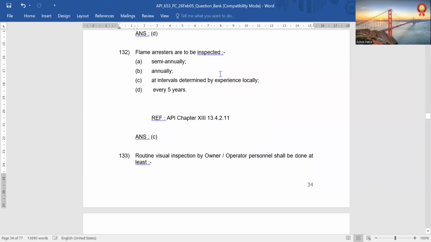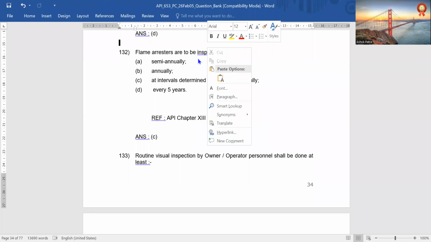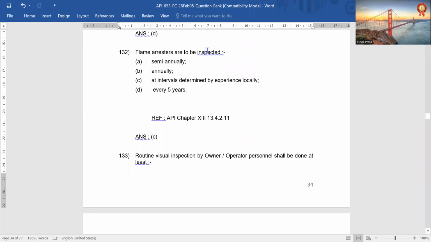Flame arresters are to be inspected at intervals determined by experience and local jurisdiction.